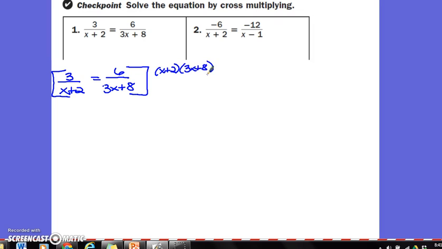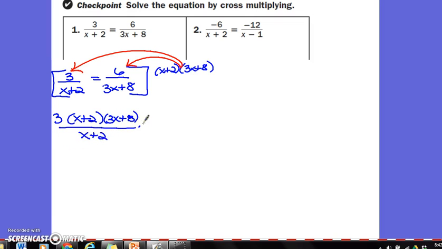And when I say multiply the whole thing, it gets multiplied into the second fraction and the first fraction. So we get 3 times x plus 2 times 3x plus 8, all divided by x plus 2, equals 6 times x plus 2 times 3x plus 8, all divided by 3x plus 8.